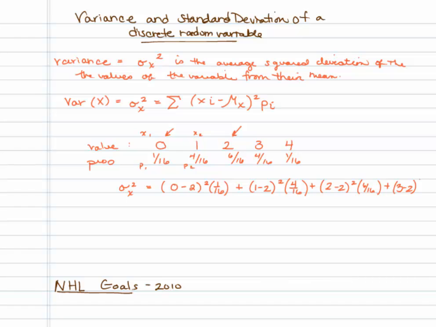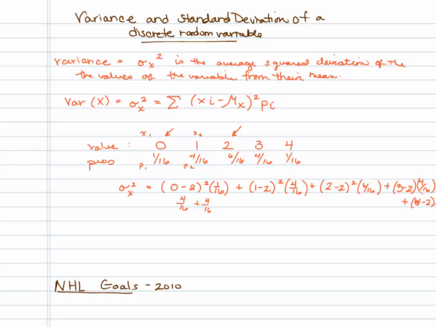I'm gonna run out of room. Maybe I could kind of cheat on this last one. Nope, I can't. 4 minus 2, and then 1/16. So 4 times, so this would be 4/16 plus 1, so that would be 4/16.